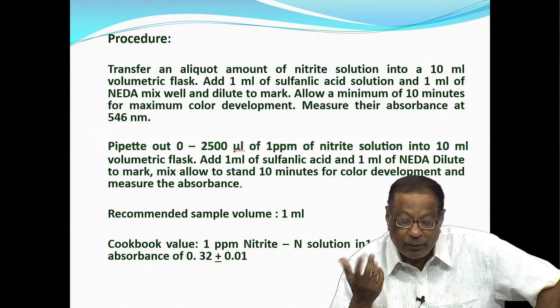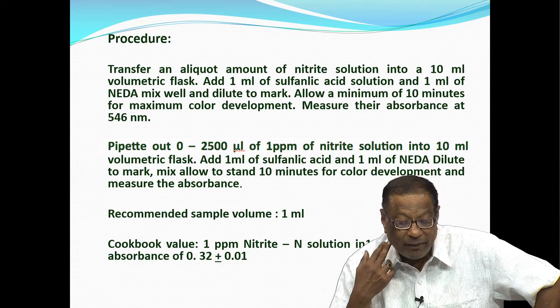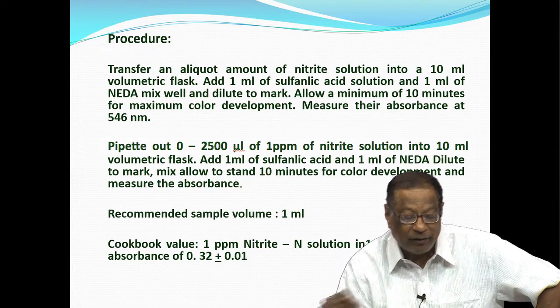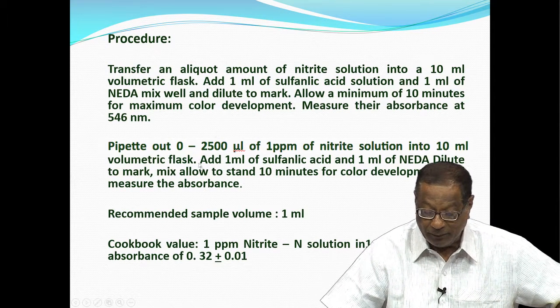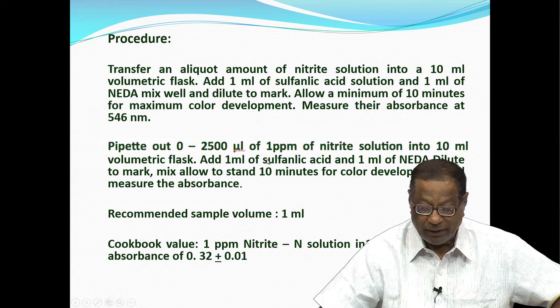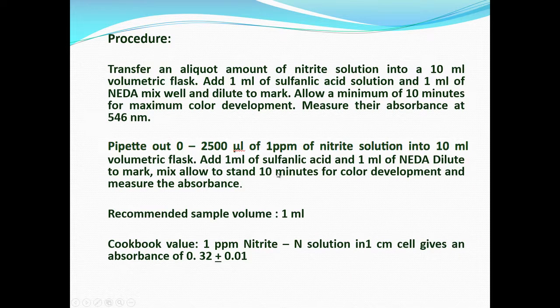Normally we dilute it in a 10 ml volumetric flask, and then we add 1 ml of sulfanilic acid and 1 ml of NEDA solution, dilute to mark, allow it to stand for 10 minutes, and you have to measure the absorbance.